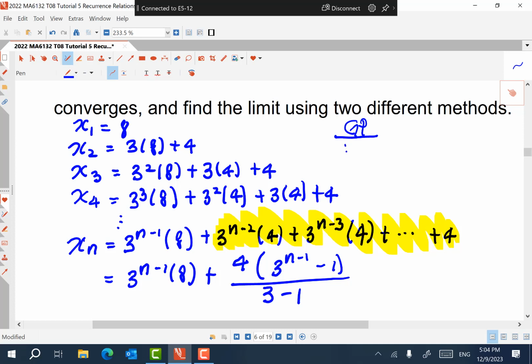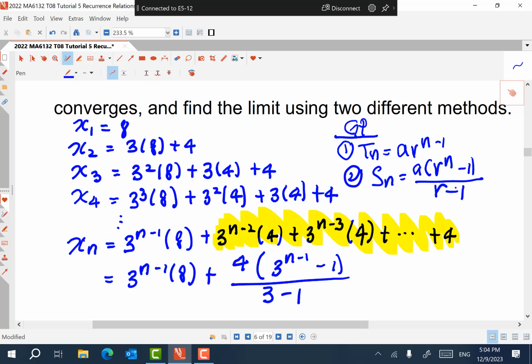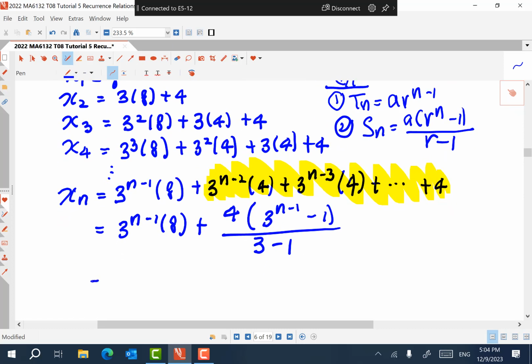In GP, you learn number 1, Tn is equal to... number 2, you also learned this thing when you were young, the sum of the first n terms of a GP. So if you do your arithmetic correctly, believe me, I'm going to do it mentally. Tell me if I'm wrong, okay?